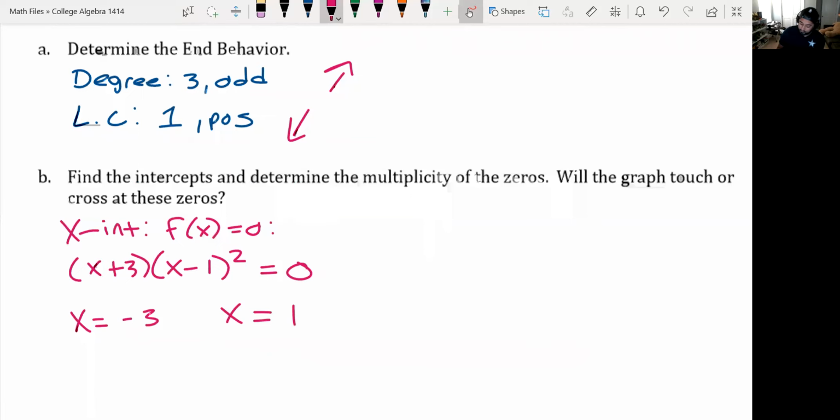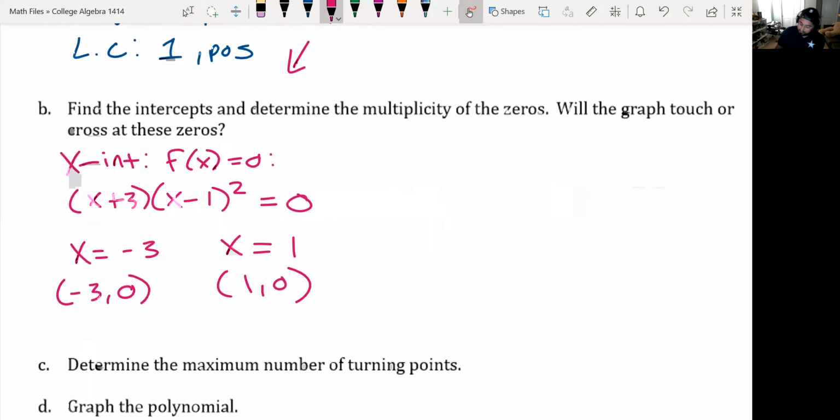These are the x-intercepts, (-3, 0) and (1, 0). The multiplicity on -3 is 1, which means it will cross. The x-intercept of 1 has a multiplicity of 2, which means we will touch.